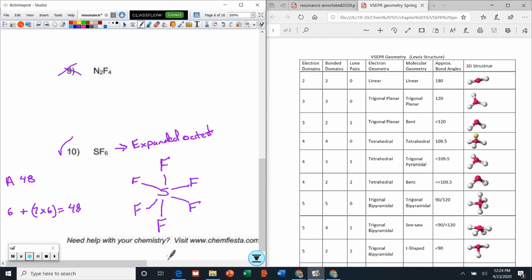Now, going to go ahead and put our available electrons around the fluorines to fill the octets.